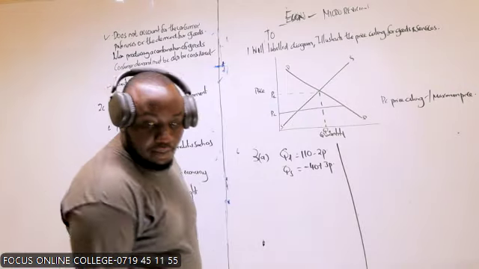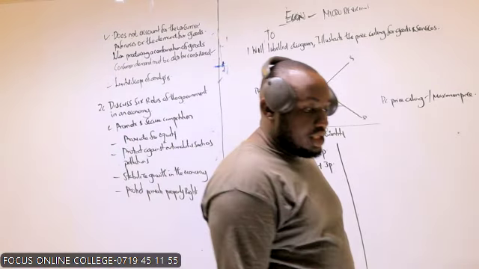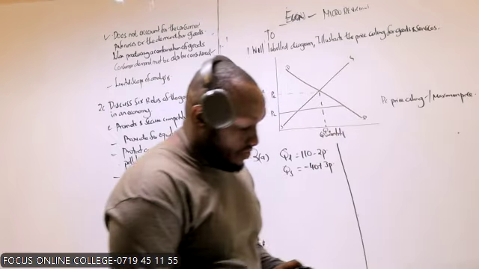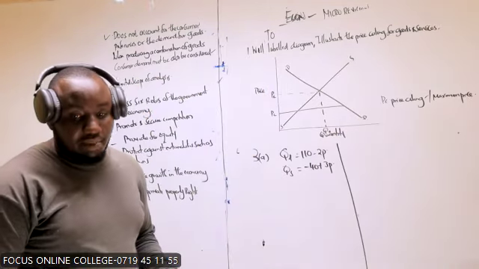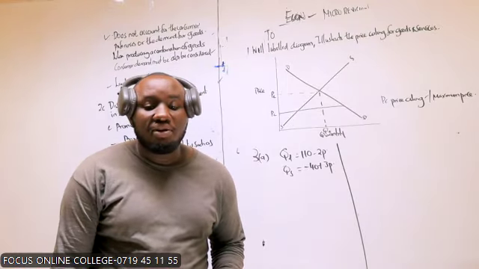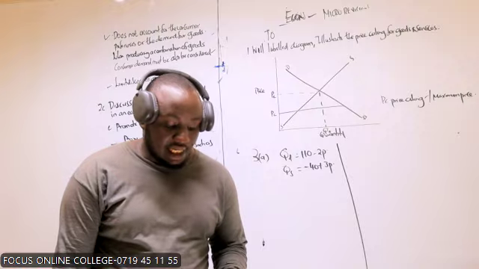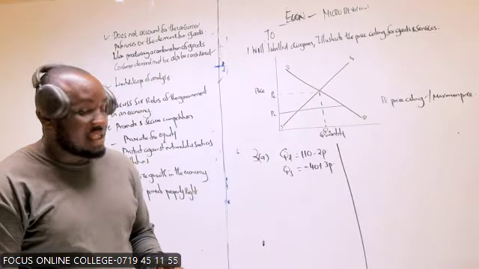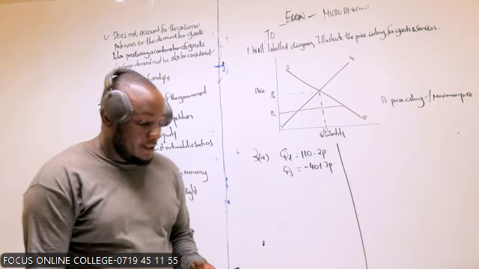So the government imposes, that was a very nice question, a tax of 5 per unit. Are we together?